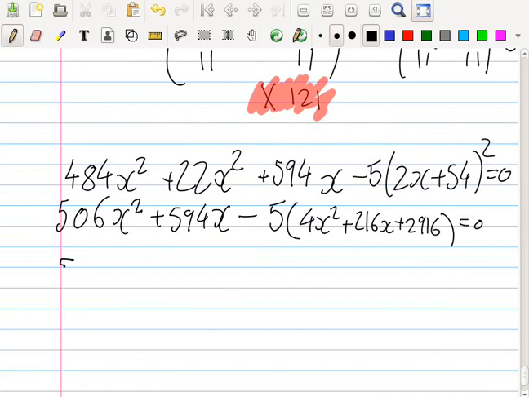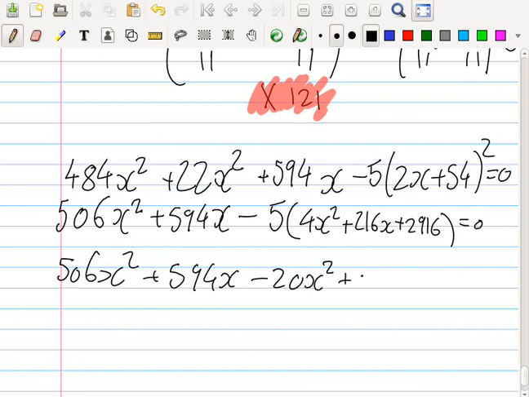Okay, so 506x squared plus 594x minus 20x squared plus 1080. But that's 80. Is it? Yes. All right. And then 5 times 2,916. I will not try. Minus 180. Where? Oh, thank you.